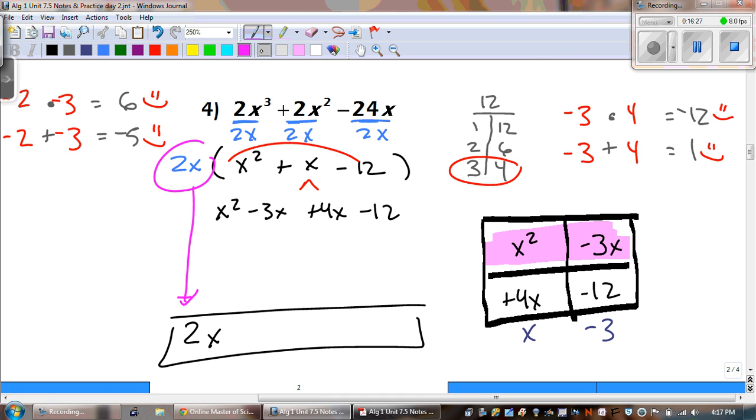Okay, what's the GCF of the top? The only thing we can take out is an x. And then now the GCF of the bottom, that's a positive 4. Which means that our two binomials are x plus 4 and x minus 3.